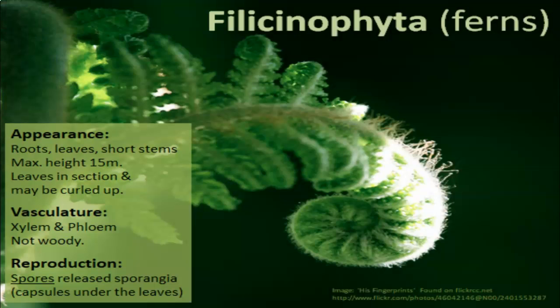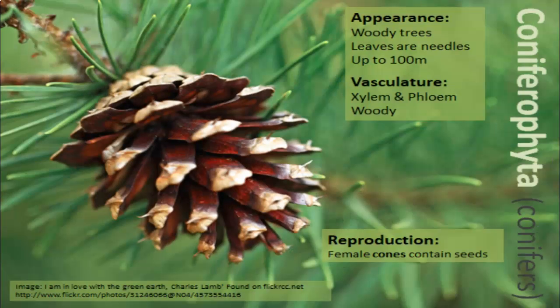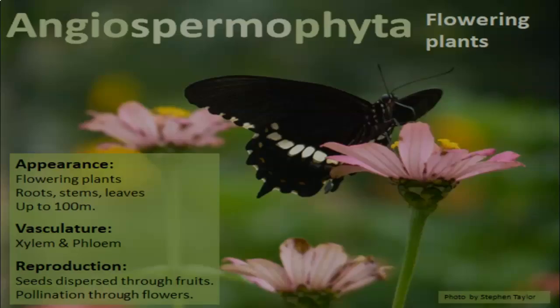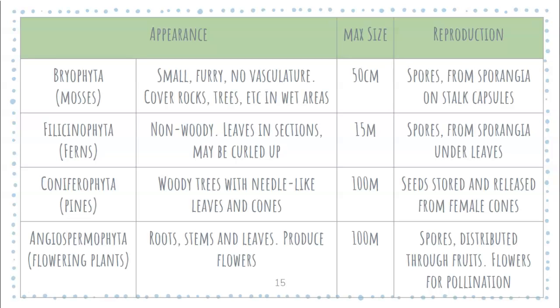We've got conifers. And we've got angiosperms. You've heard of all these, so I'm not going to spend any time on this, but you know this stuff. Now this is a great place to pause and write stuff down.